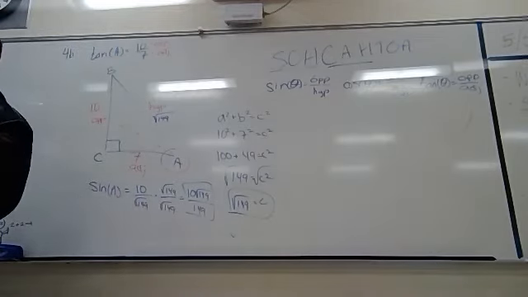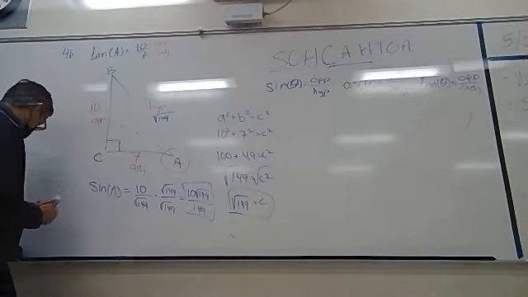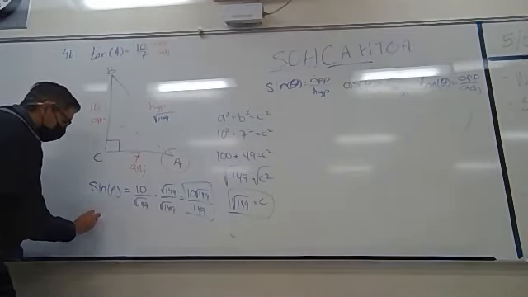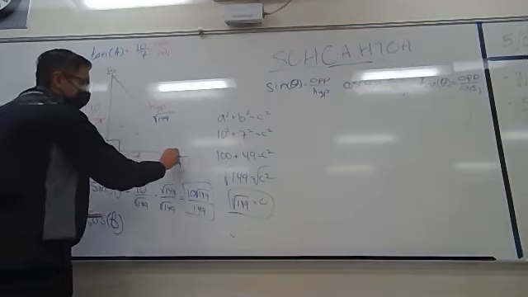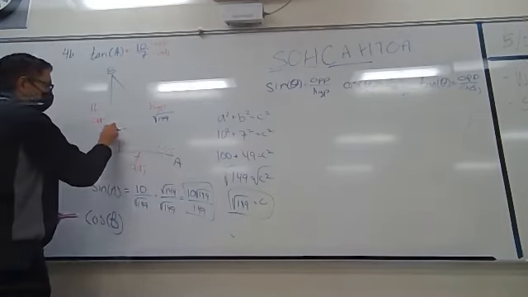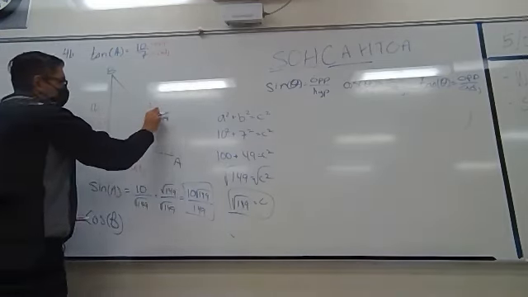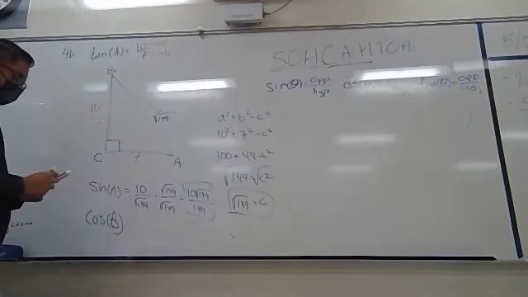Now, the second part of this problem is changing it up a bit. It says cosine, but in this case, not of A, but of B. So we don't care about this side anymore. This side is gone as far as our labels go. Those labels are gone. I should probably be using the eraser. Oh, well.